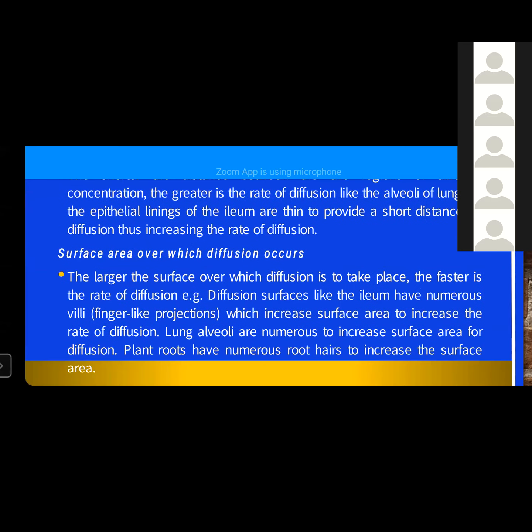Surface area over which diffusion occurs. The greater the surface area, the higher the rate of diffusion. And this greater surface area is again experienced in the ileum, where we have the small intestines, where we have the villi, and you have digested food nutrients diffusing into the bloodstream.